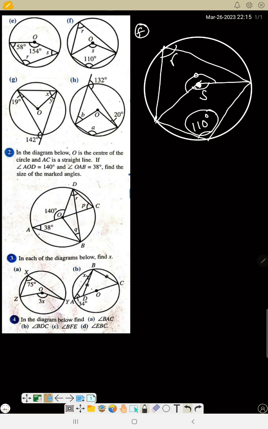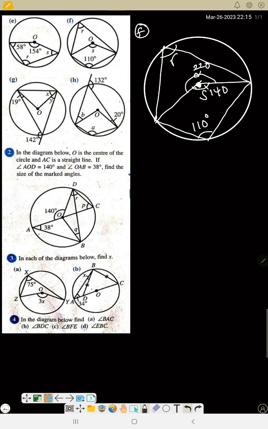So if this place is 110, then this reflex is 220. That is 110 times 2. So angle at the center. So if here is 220, we can know this S now because we have 360 minus 220. So that means this S is 140.